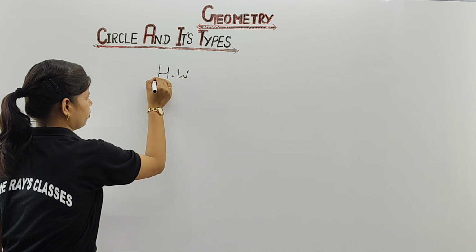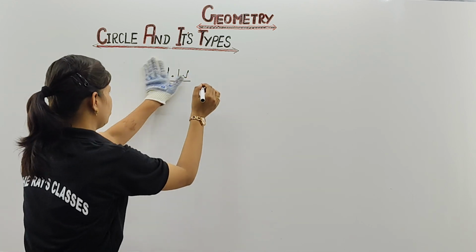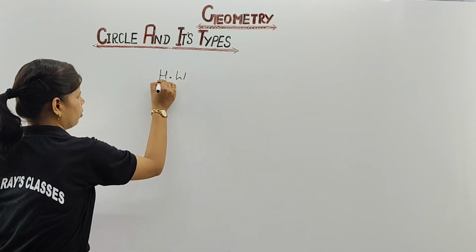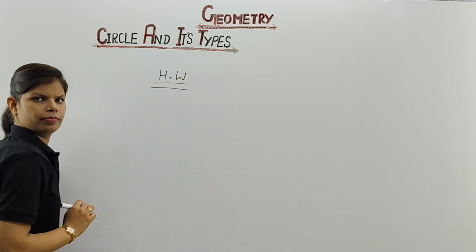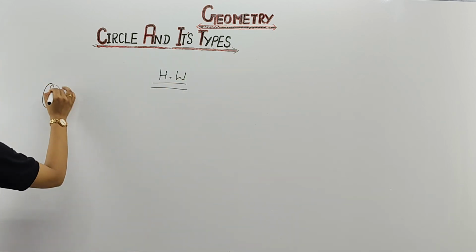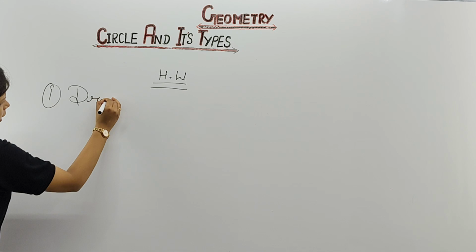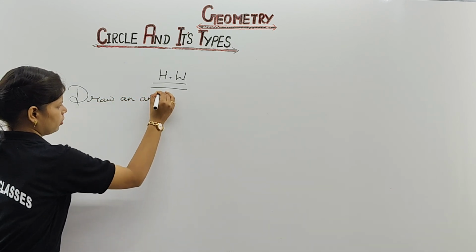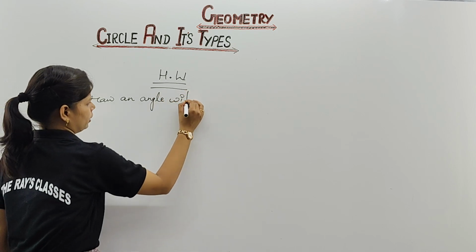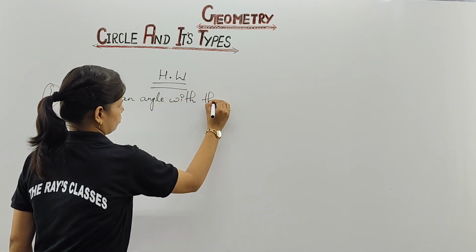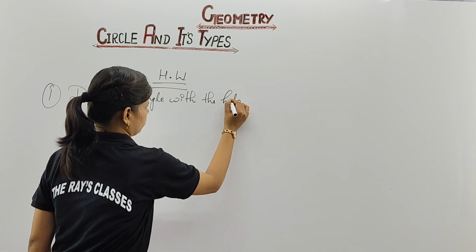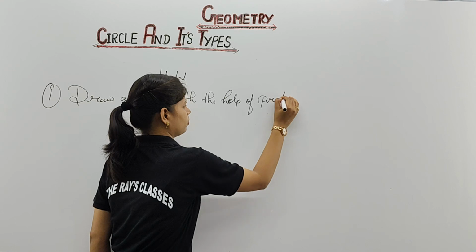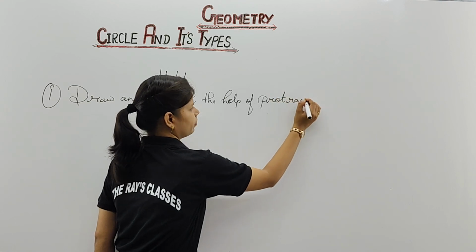Try to solve. If you have my number, you can WhatsApp also your homework. I'll just go through it whether you have done properly or not. Clear? So first, draw an angle with the help of protractor and write its type.